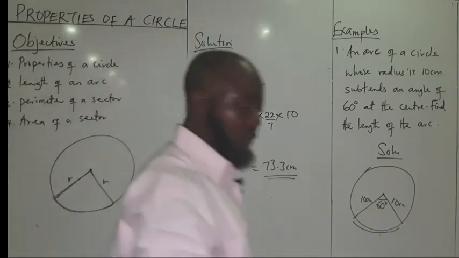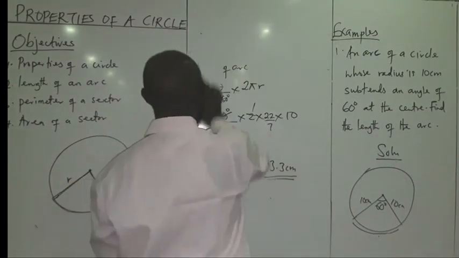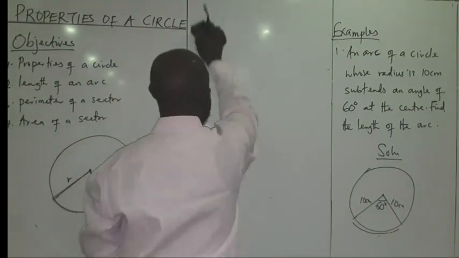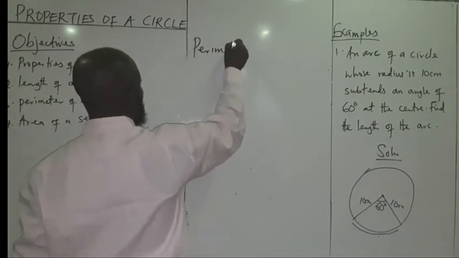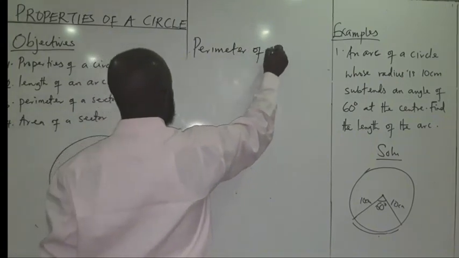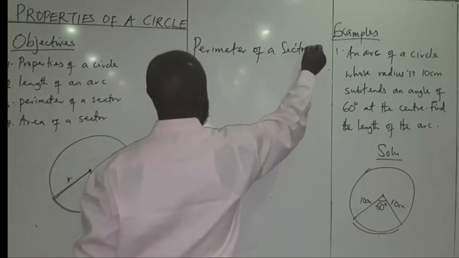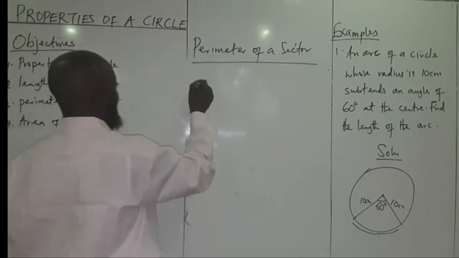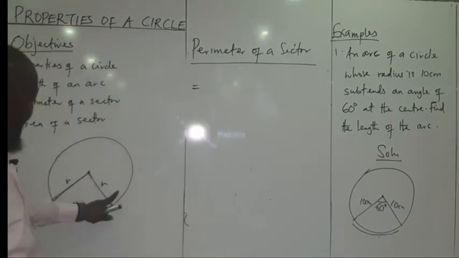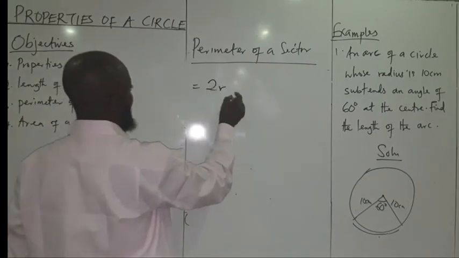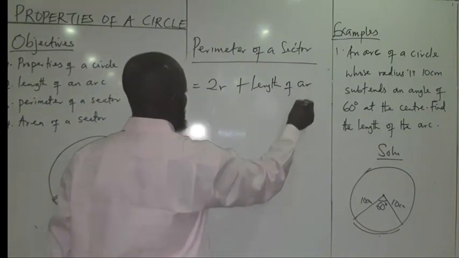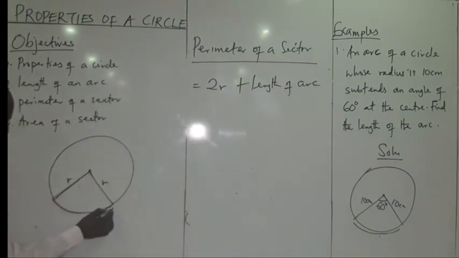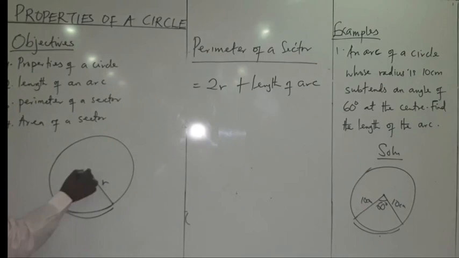So perimeter of a sector is equal to R plus R, that's 2R, plus length of arc. Because this is the length of arc, plus this gives us the perimeter of this sector.